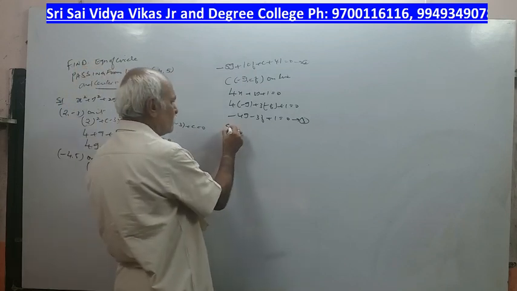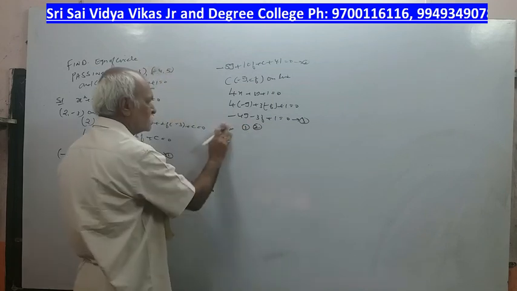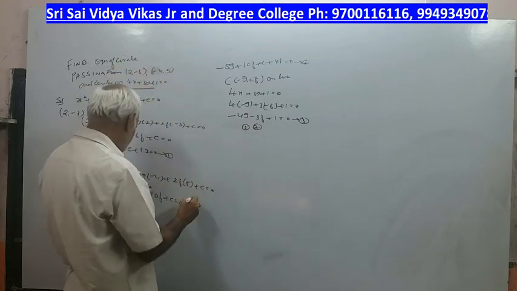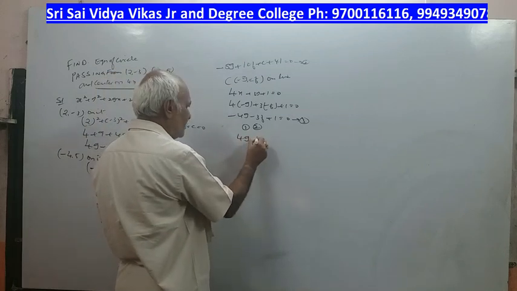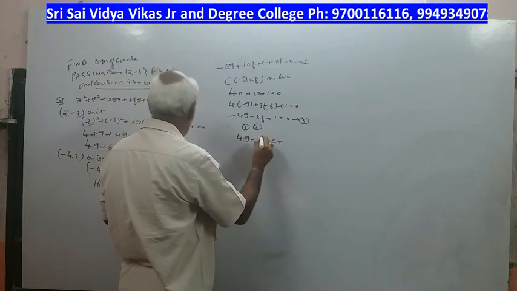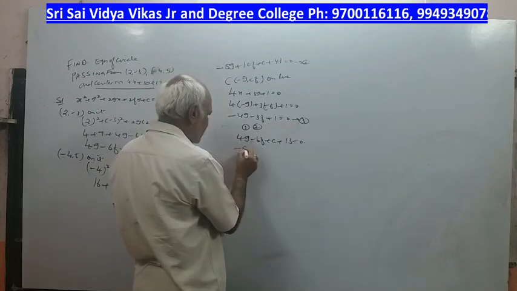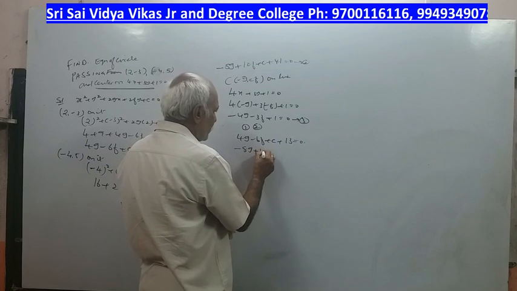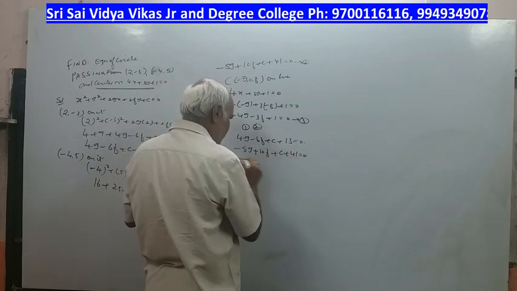Now solve 1 and 2. What is the first equation? 4g minus 6f plus c plus 13 is equal to 0. What is the second equation? Minus 8g plus 10f plus c plus 41 is equal to 0.